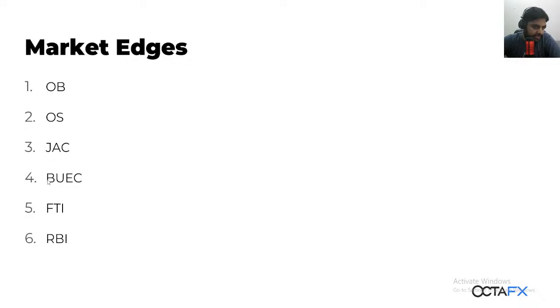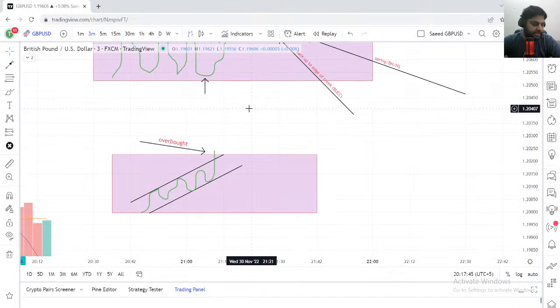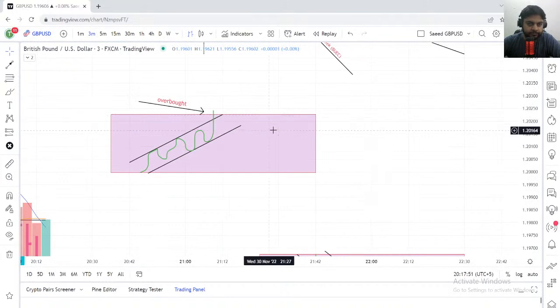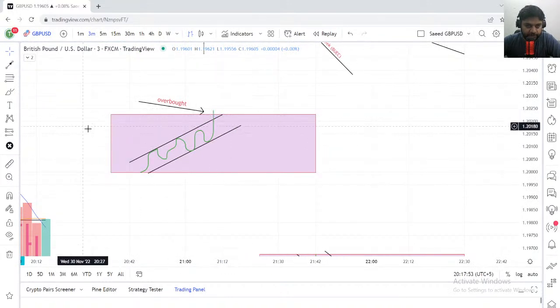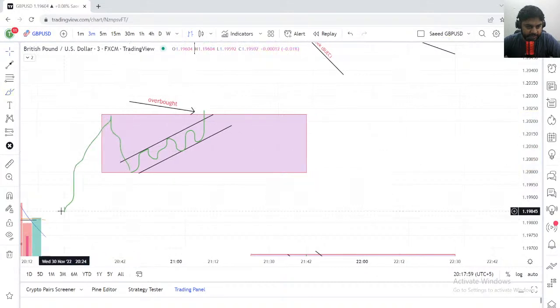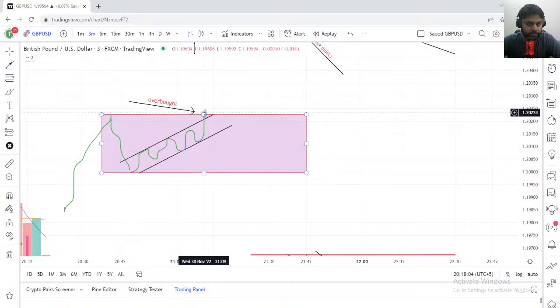Jack is jump across the creek, BUEC is back up to the edge of the creek. So the opposite of these two will also happen in a distribution zone. Imagine that this is a distribution zone. What will happen? The market will go up to this level because there is resistance over here, right? So the market is coming up to resistance, then going down, and it is becoming overbought over here.